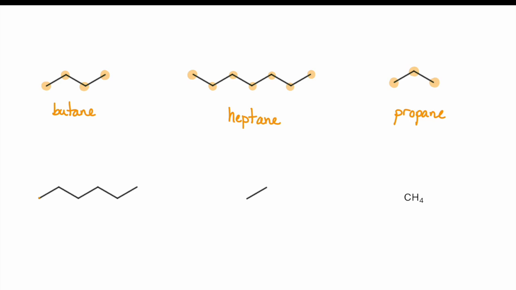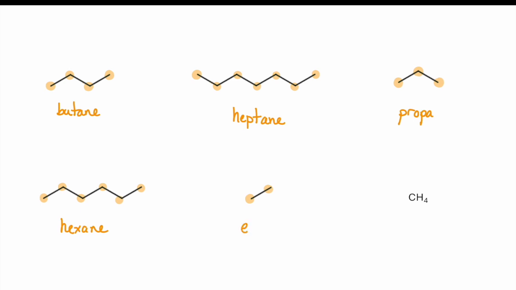Number of carbons, 1, 2, 3, 4, 5, 6. So this molecule right here would be hexane. This molecule right here with its 2 carbons, ethane. And with just 1 carbon, as in CH4, this is methane.